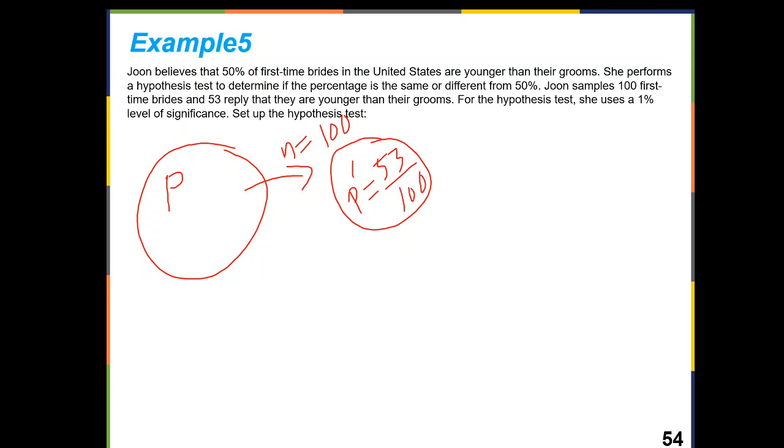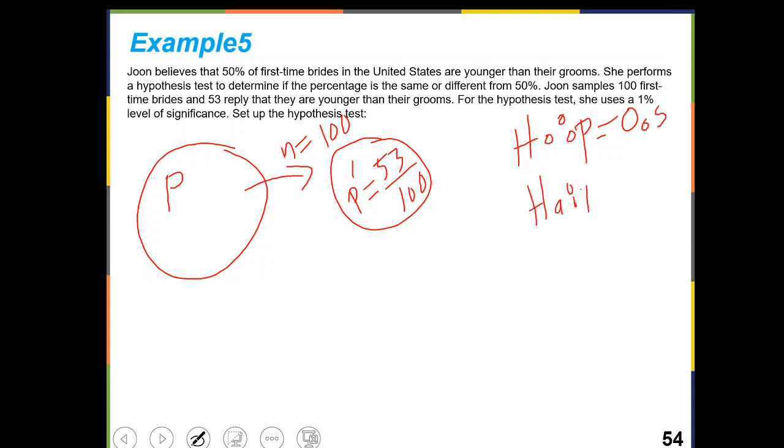So she performed a hypothesis test to determine if the percentage is the same or different. So H null is that p equals 0.5, and then the alternative is that it is not. So what we have here is a two-tailed test.